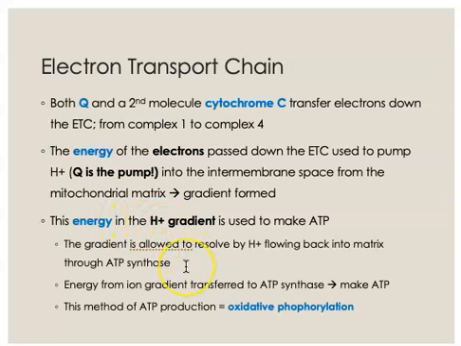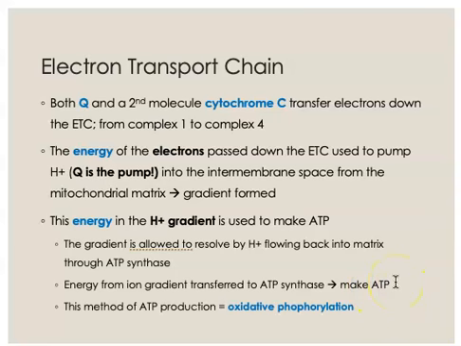The gradient is allowed to resolve by having the protons flow back into the matrix through the molecule ATP synthase, which is also embedded in the inner mitochondrial membrane. The energy from that ion gradient, as the gradient is being resolved, is going to be transferred to the ATP synthase. It's going to make the ATP synthase spin.